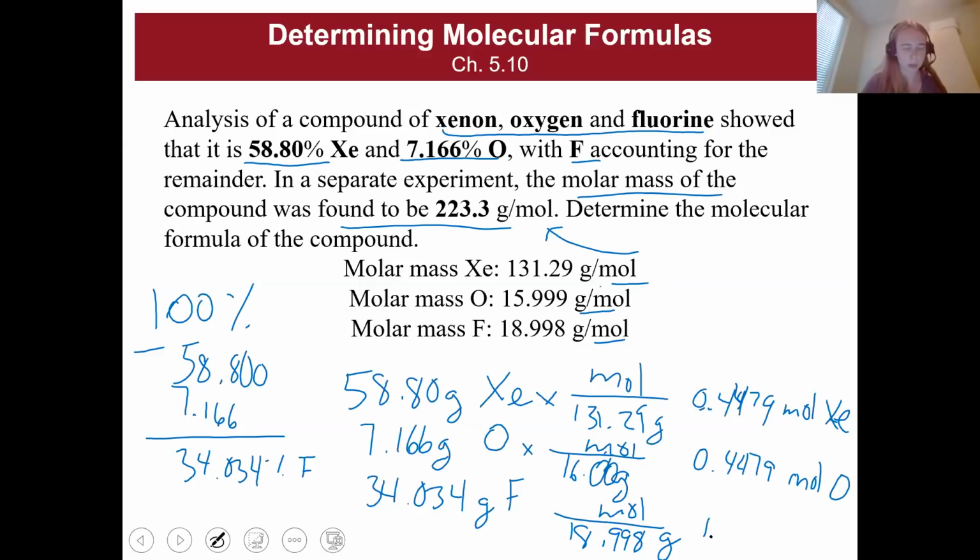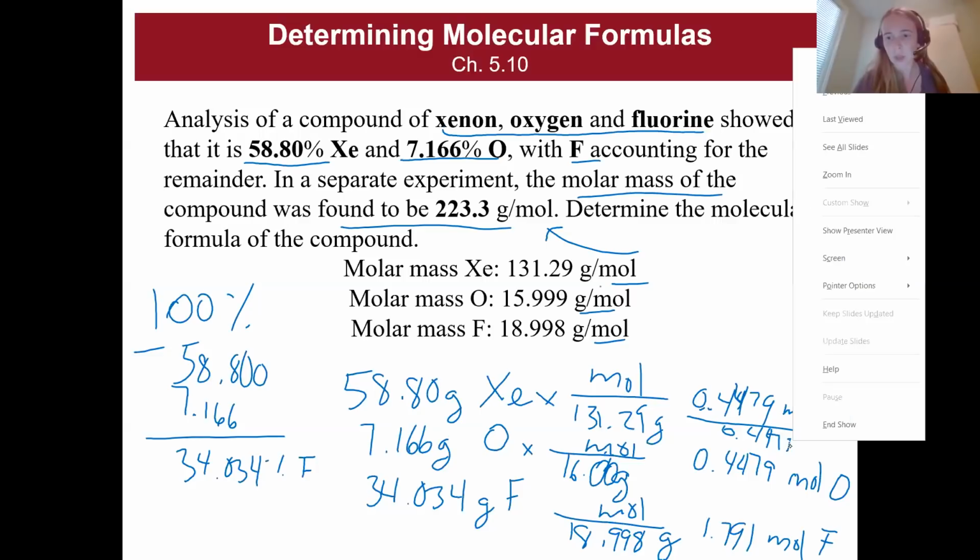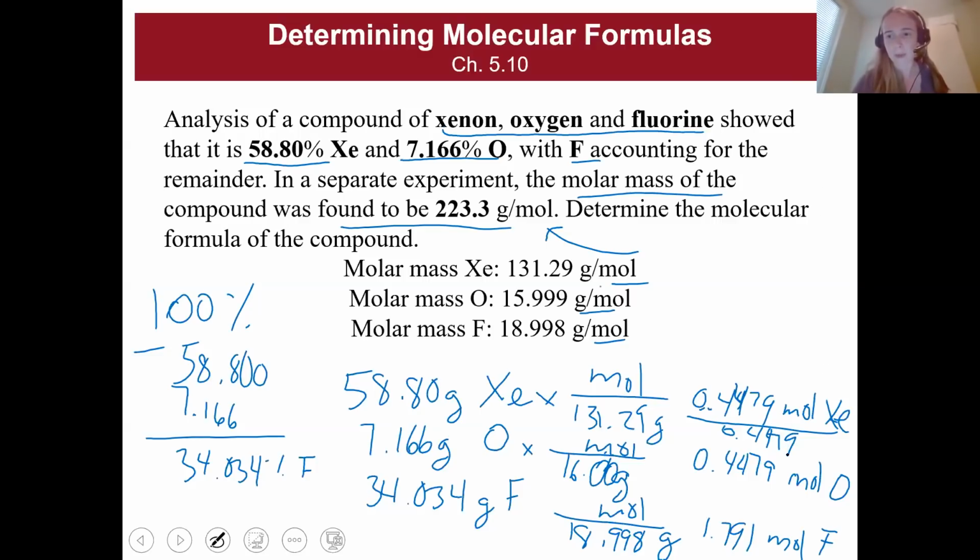This time I got 1.791 moles of fluorine. So to find these mole ratios, we're going to divide all of these by the smallest value. The smallest value is 0.4479, which is the same for xenon as it is for oxygen.